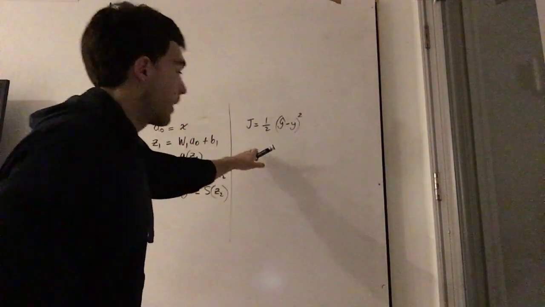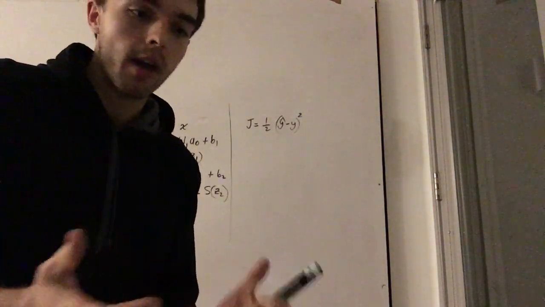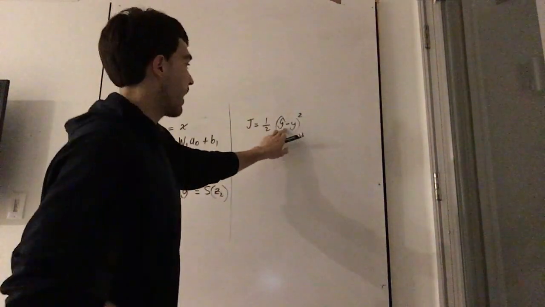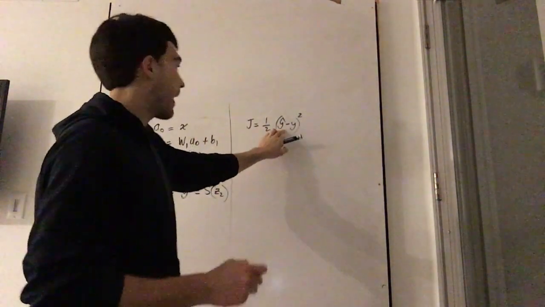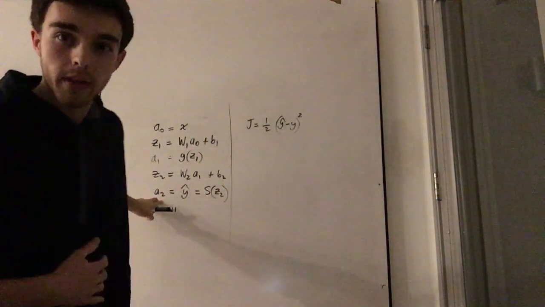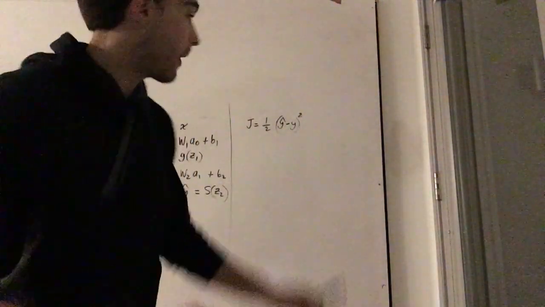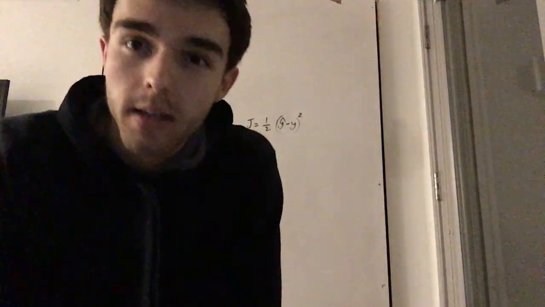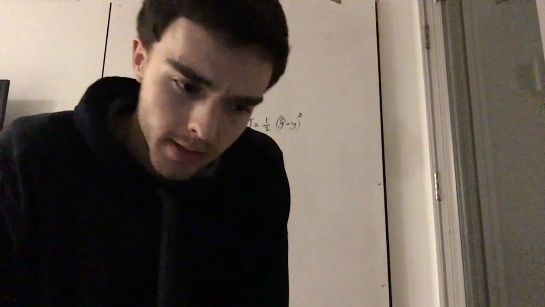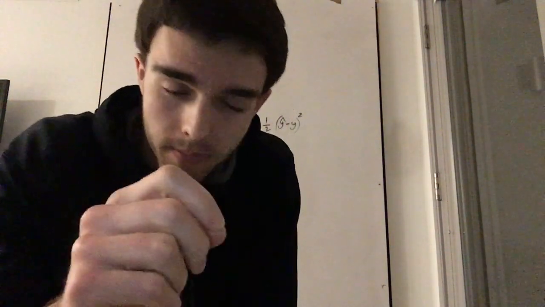So the error function is going to be a function which tells us how different our prediction is, that y hat is going to be equal to the prediction that our network makes minus what y is, which is what it actually is. So say that we have the digit 0.